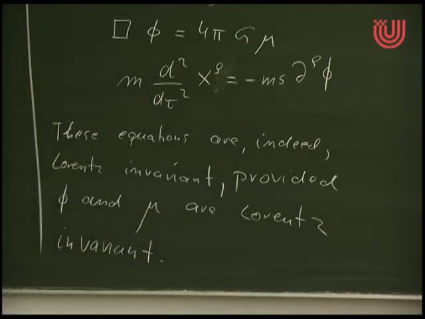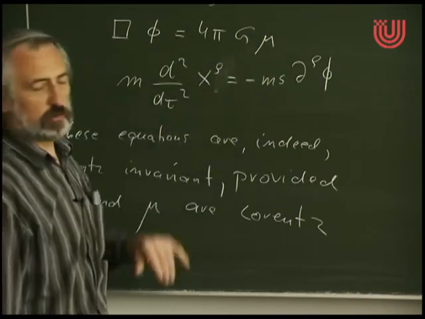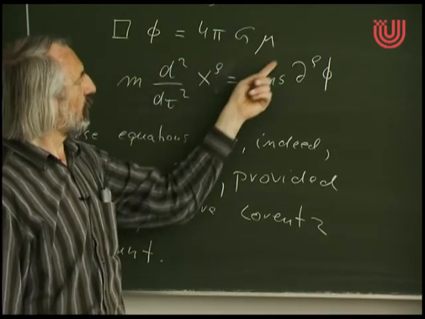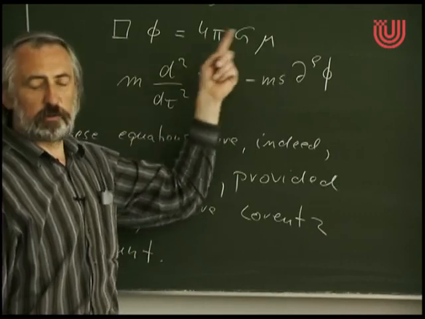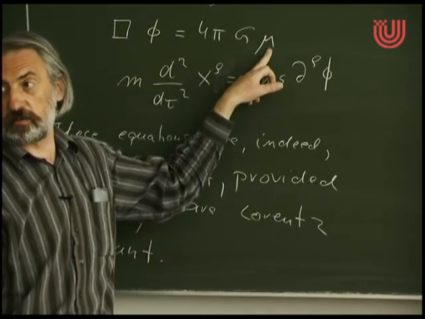So that's the first thing which tells us that that's probably not a good idea to do it in this way. And the second idea is that we have learned from relativity that mass is only a particular form of energy. So it does not sound particularly promising to have only the mass density here. Why not the other energy forms? So you would replace this by the energy density.